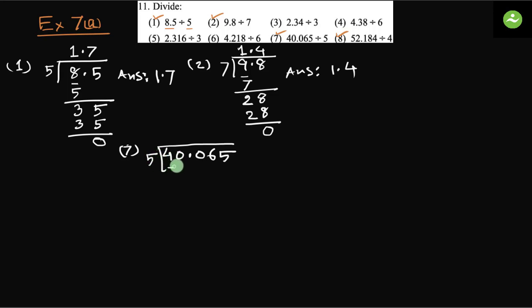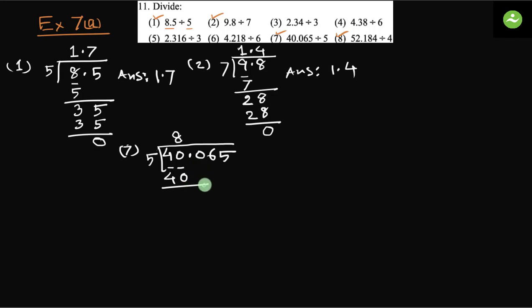Take one digit. Does it divide? No, it doesn't, because it is smaller than 5. Take another digit, 40. 5 into 8. Put 8 here. So 5 into 8 is 40. Deduct 40.